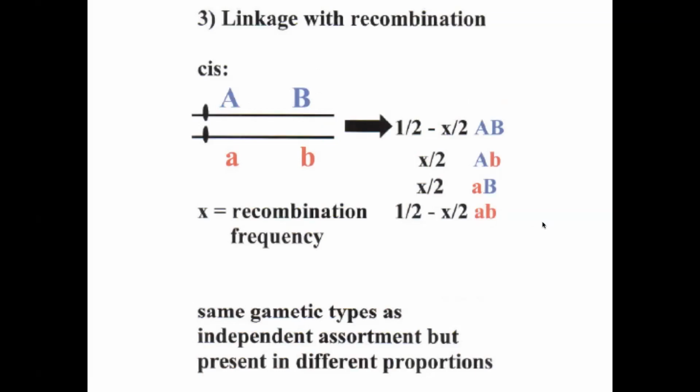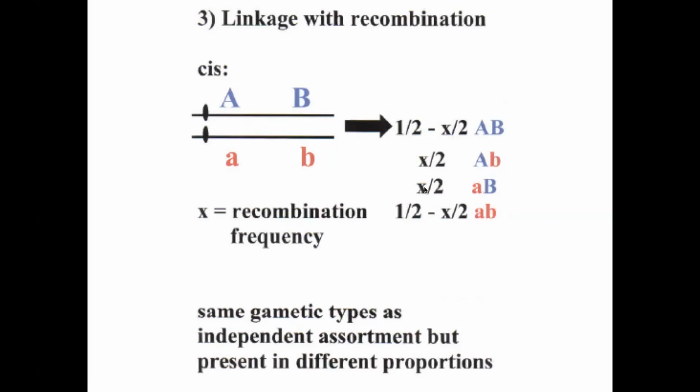So we use x. Okay, so what about the recombinant type gametes? Remember, the recombinant type gametes are going to be trans in their linkage associations for the alleles of the two genes. So now big A, little b, and little a, big B, these are the recombinant type gametes, and their frequency is going to be x over 2, again where x is equal to the recombination frequency.